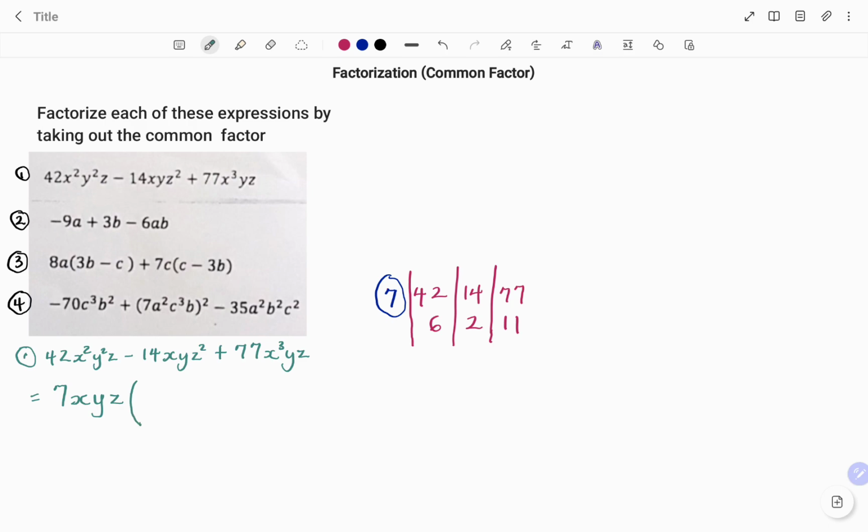We open a bracket. Now, to know what the answer will be after factorizing, we'll divide each term by 7xyz.